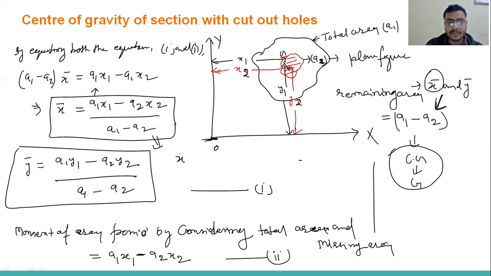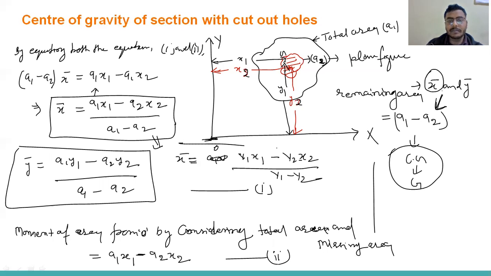If you calculate for a solid body, we can write V1 x1 minus V2 x2 divided by V1 minus V2. Area will convert in terms of volume. If you are working for the line, the area will convert into the line.